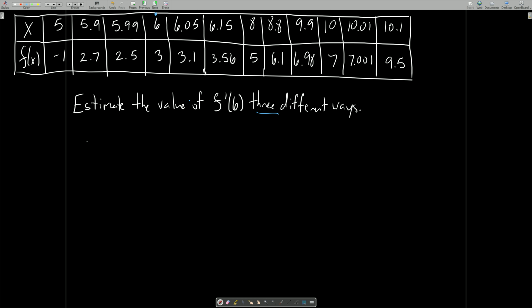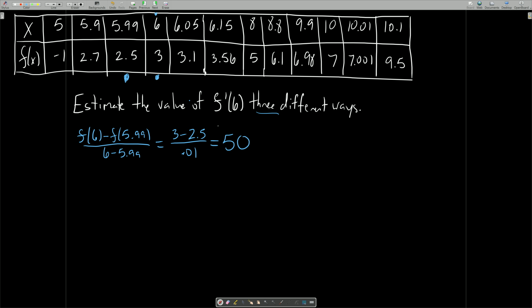So one way you could go about doing this is using both 5.99 and 6, since they're really close to each other. So if we do that, f of 6 minus f of 5.99 over 6 minus 5.99, you get 3 minus 2.5 over 0.01. That's going to give you a slope of 50.